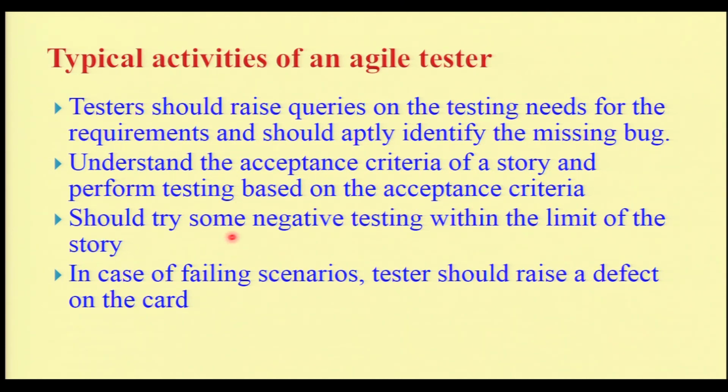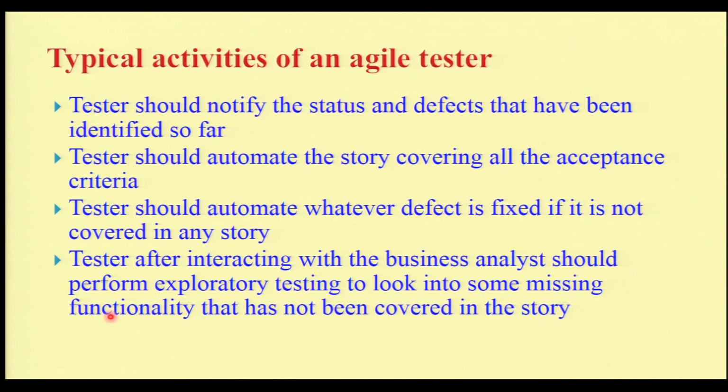He should try some negative testing within the limit of the user story. In case of failing scenarios, the tester should raise a defect on the cards. The tester should notify the status and defects that have been identified so far.